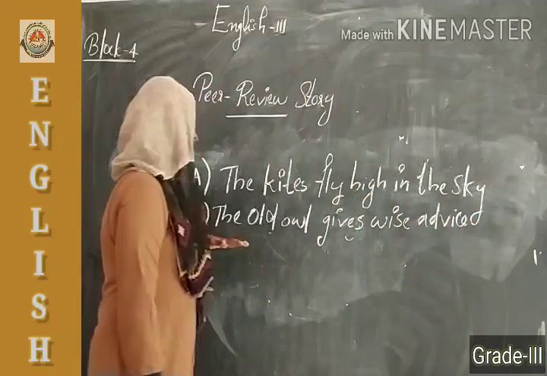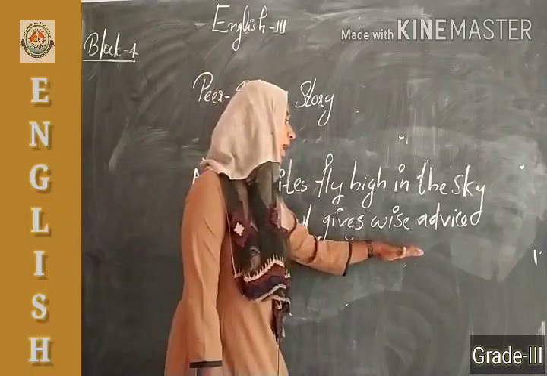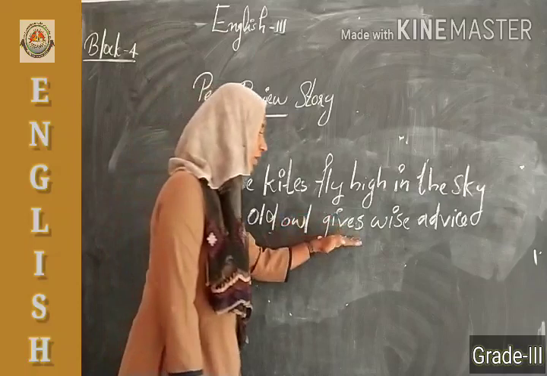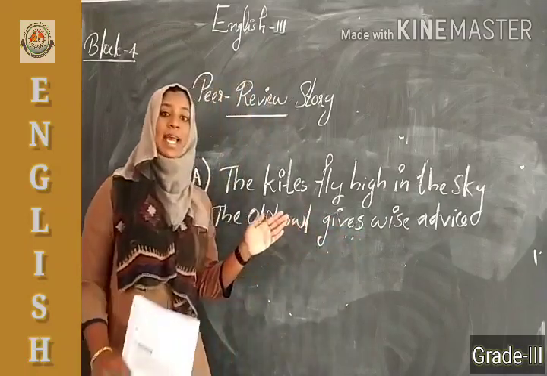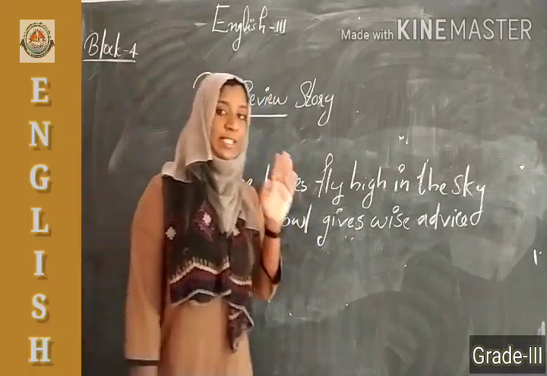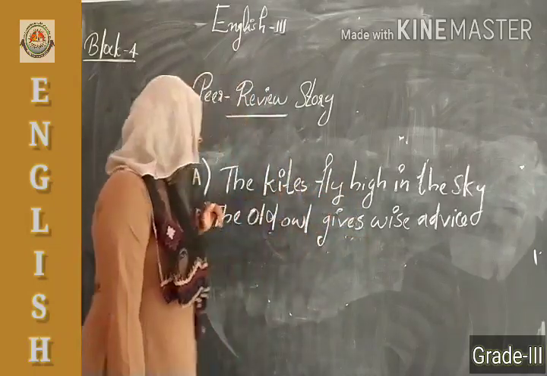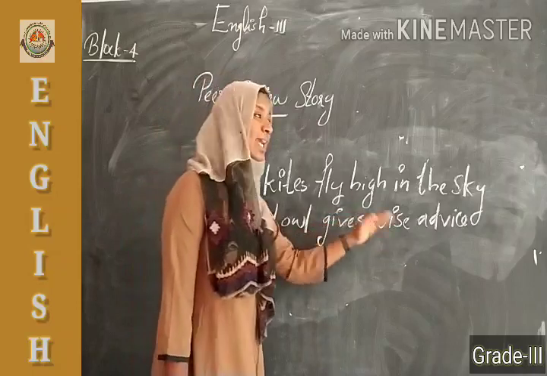That means here the old owl gives wise advice. That means the singular subject contains a singular verb. I already said that the base form of the verb is plural, so to make it singular we add s here. So the old owl gives wise advice.